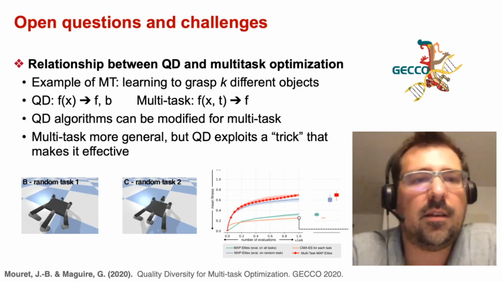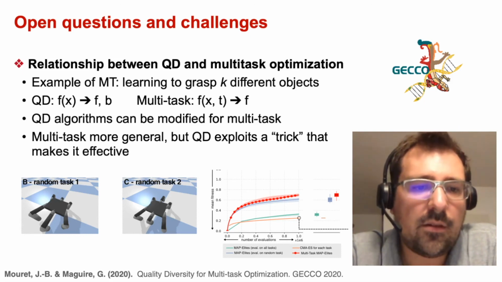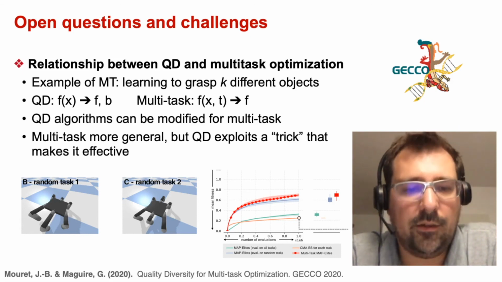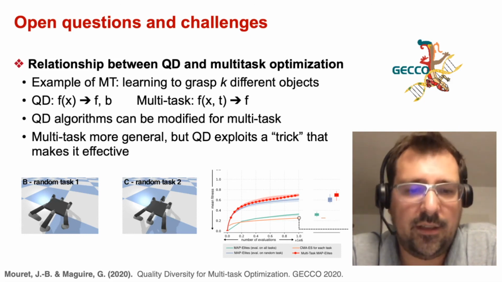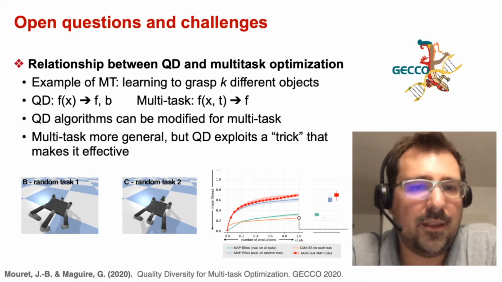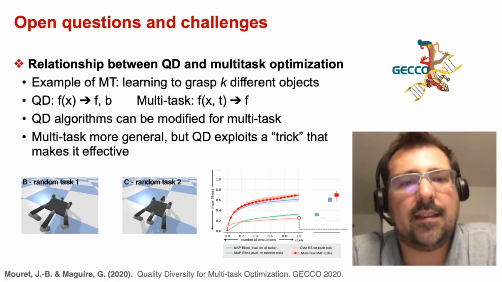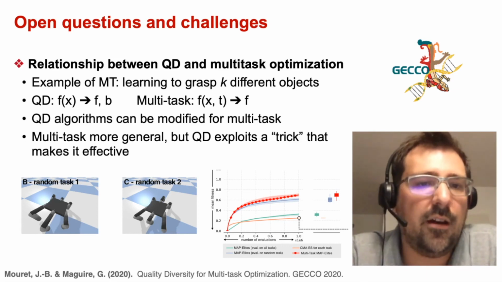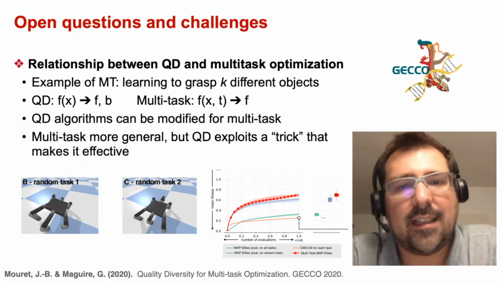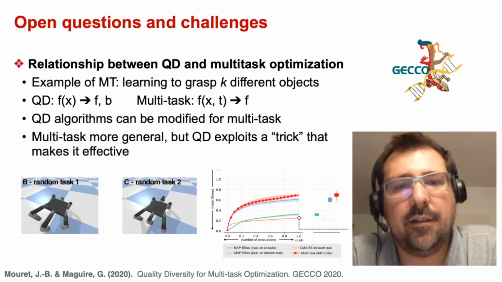Just to conclude, some ideas about open questions and challenges. We have a paper in GECCO 2020 about the relationship between quality diversity and multitask optimization. Multitask optimization means that you want to solve many tasks that have some similarities at the same time. For instance, you want to learn to grasp many different objects like spheres, cubes, and things like this. To know if you can grasp a cube, you need to query your fitness function for a cube.